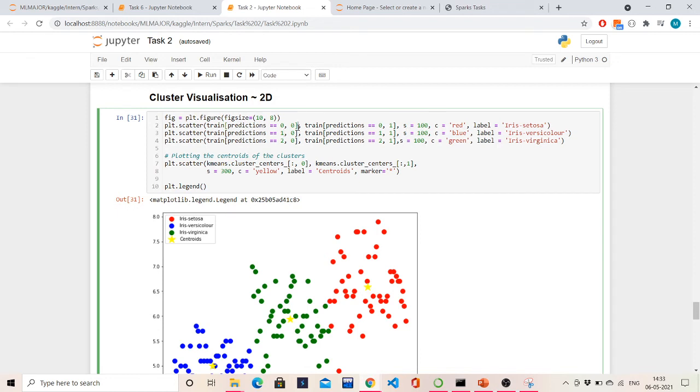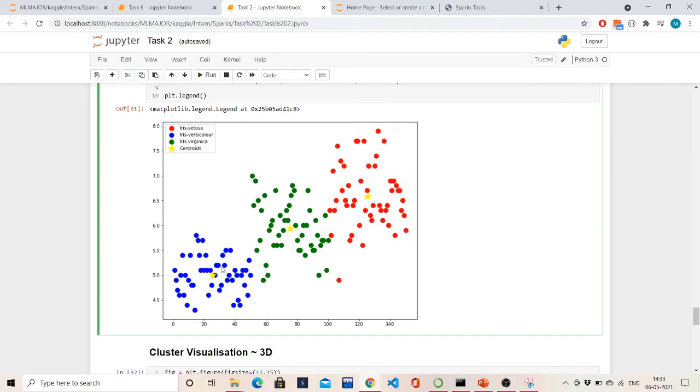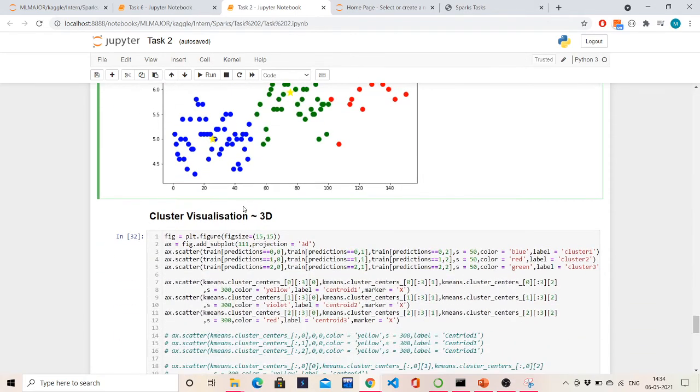Then you increment the count of it. So we see that the red points are over here. These are Setosa points, and these are the Versicolor points, and these are the Virginica points. So this is not looking that intuitive. Let's figure it out in 3 dimensions.